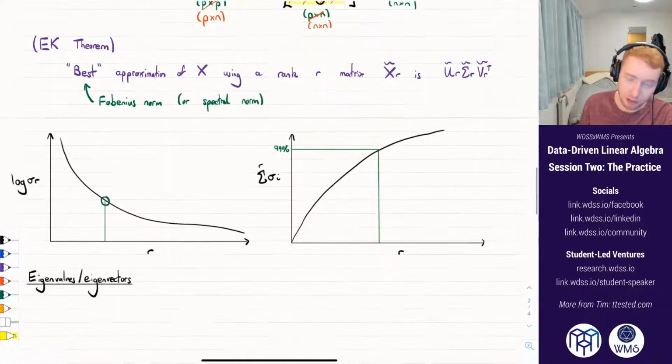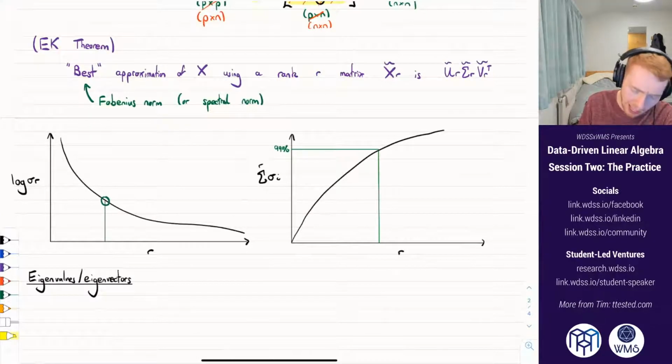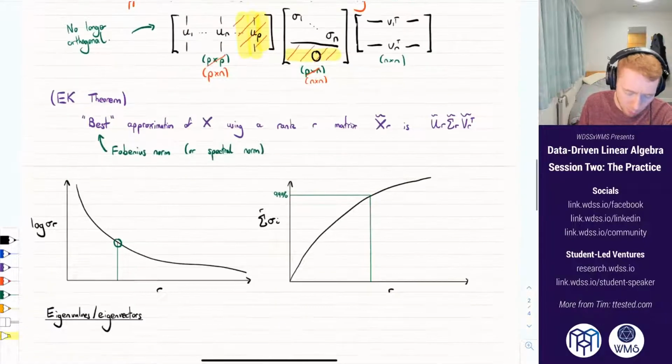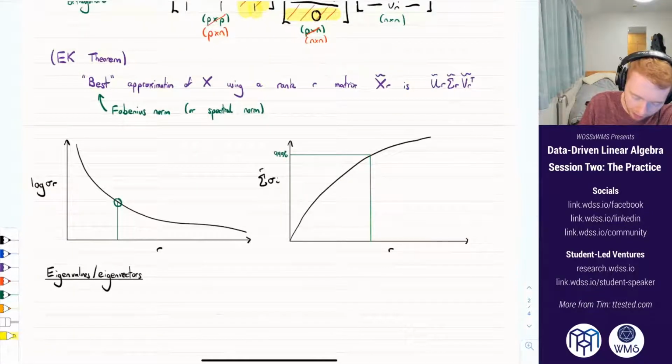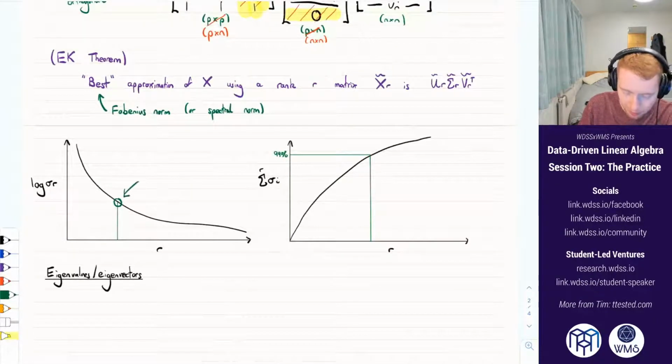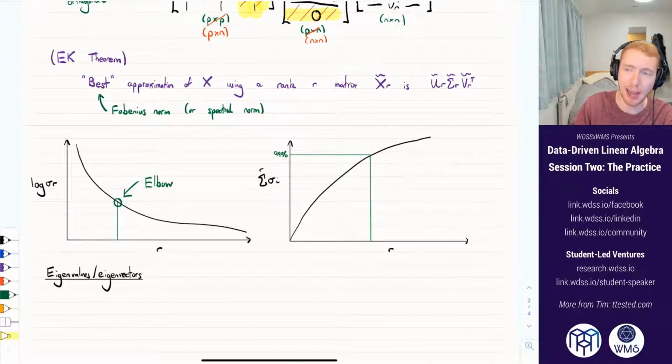And so, in choosing this R, we saw that we could use these plots here. Our logarithms of sigma look something like this, and we probably want to pick out what we would call an elbow. That's a place where this curve starts to flatten down, so for every rank we add, we don't get much benefit. We'll stop at that point and truncate there.